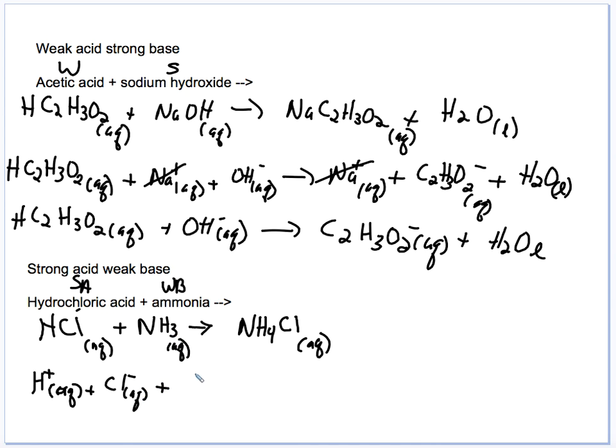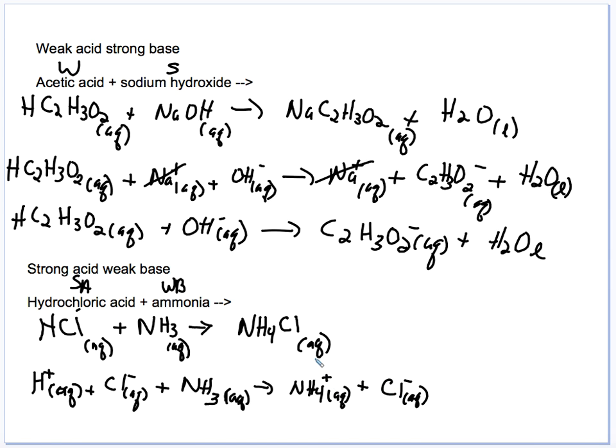Now the ammonia is a weak base, so it doesn't necessarily dissociate into ions in this equation. So we're just going to write NH3 and call it aqueous. But then we have the ammonium chloride, so the NH4, which is aqueous, and that will be positive 1, I forgot the charge, and the chloride is negative 1.